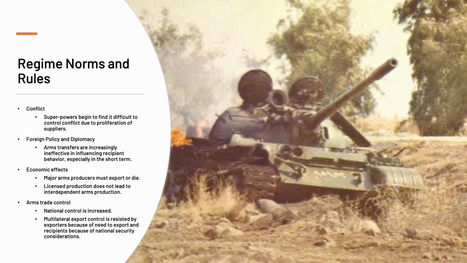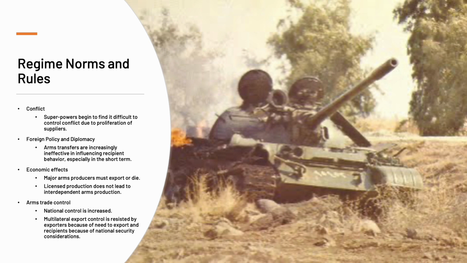As far as foreign policy and diplomacy is concerned, arms transfers are increasingly ineffective in influencing recipient behavior, especially within the short term, because the recipients have a multitude of states to import arms from. So arms transfers are becoming increasingly ineffective in influencing behavior because the recipient, if they don't like the leverage that the exporting state is placing upon them, can just switch to another seller, right?